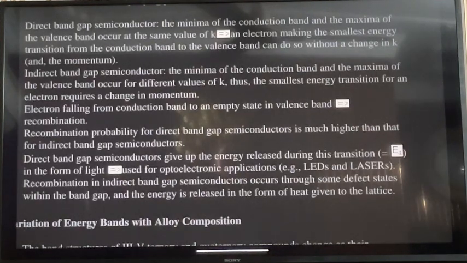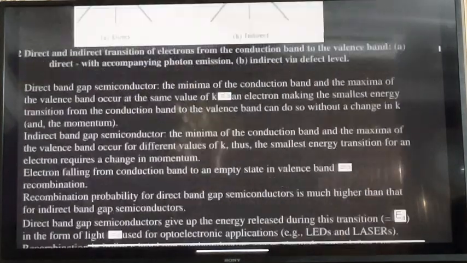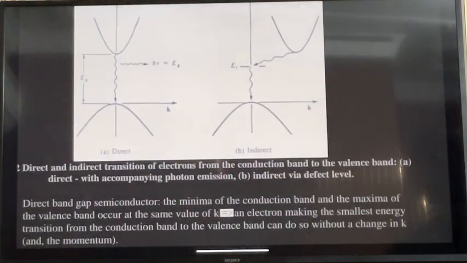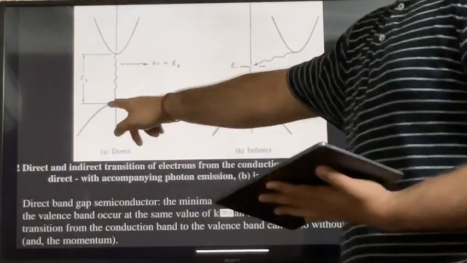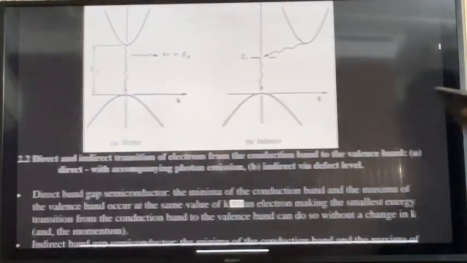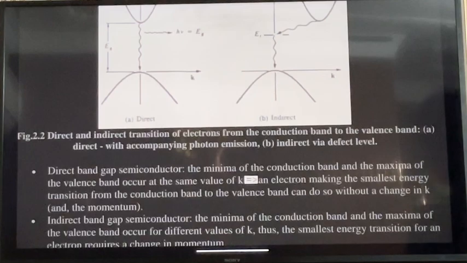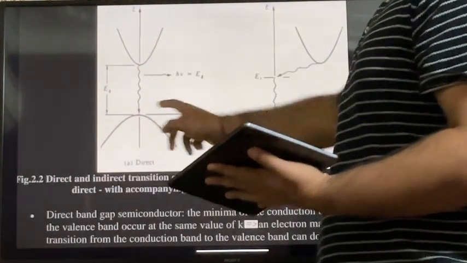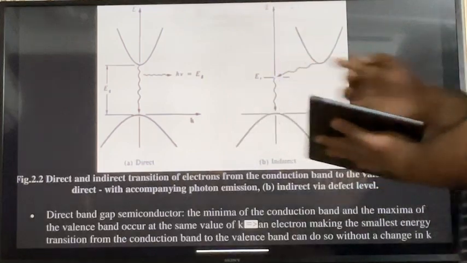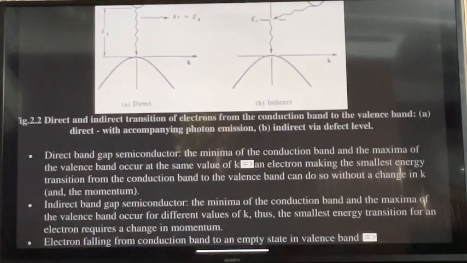Basically, they are trying to say that the minimum of the conduction band, so we are talking about this point, and the maximum of the valence band, so we are talking about this point, occur at the same value of k for an electron. So the momentum remains constant throughout these points, and as a result the electron can transition without a change in its momentum.